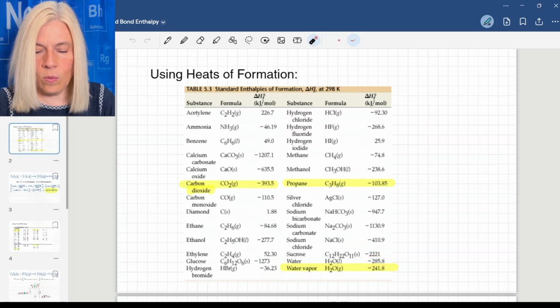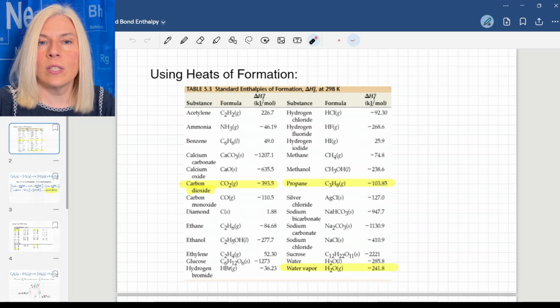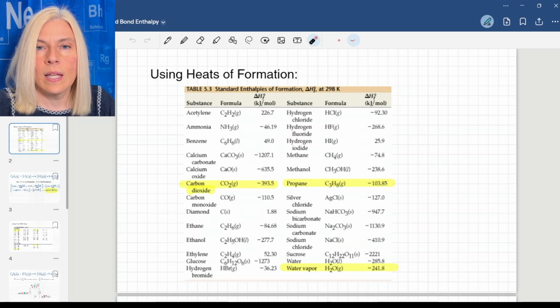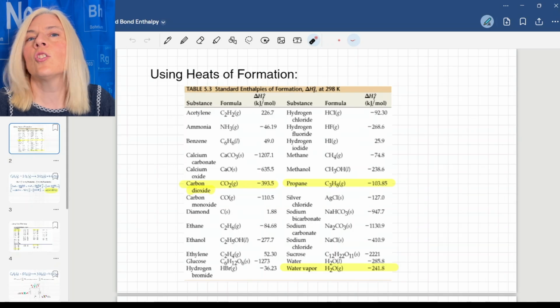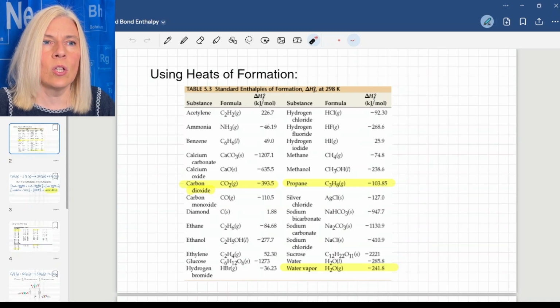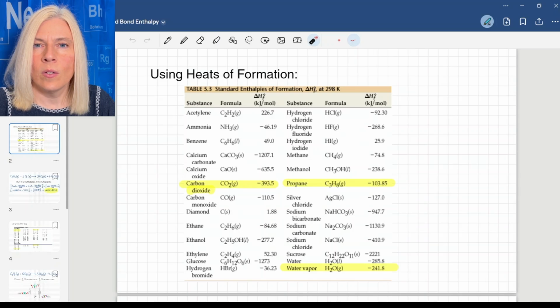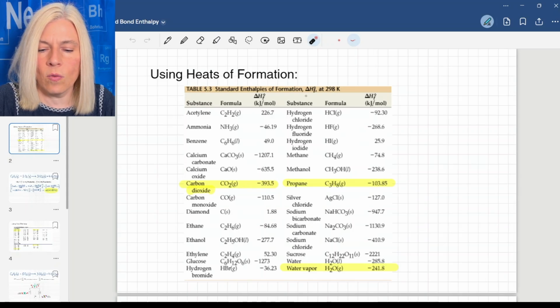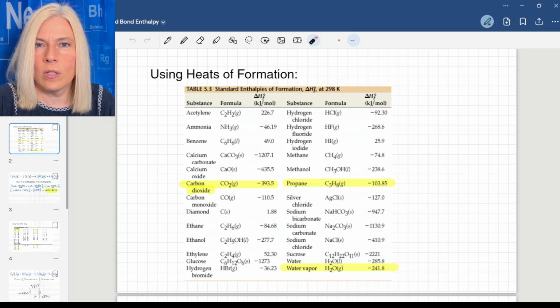And you say, well, where is oxygen? Oxygen is not on the table. Oh my goodness. But let's think about it. How much energy will be required to make O2 gas? Well, how does oxygen exist at room temperature?